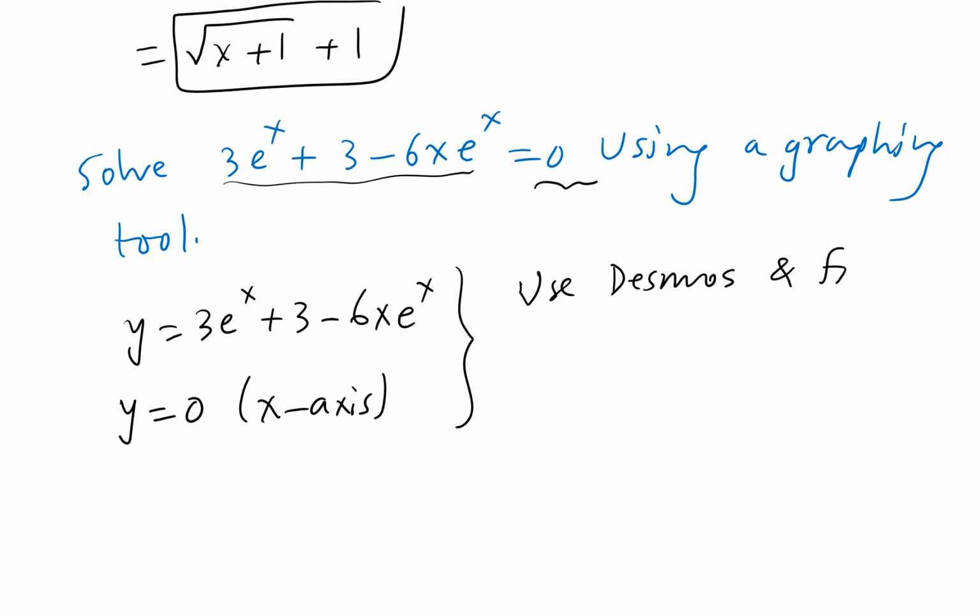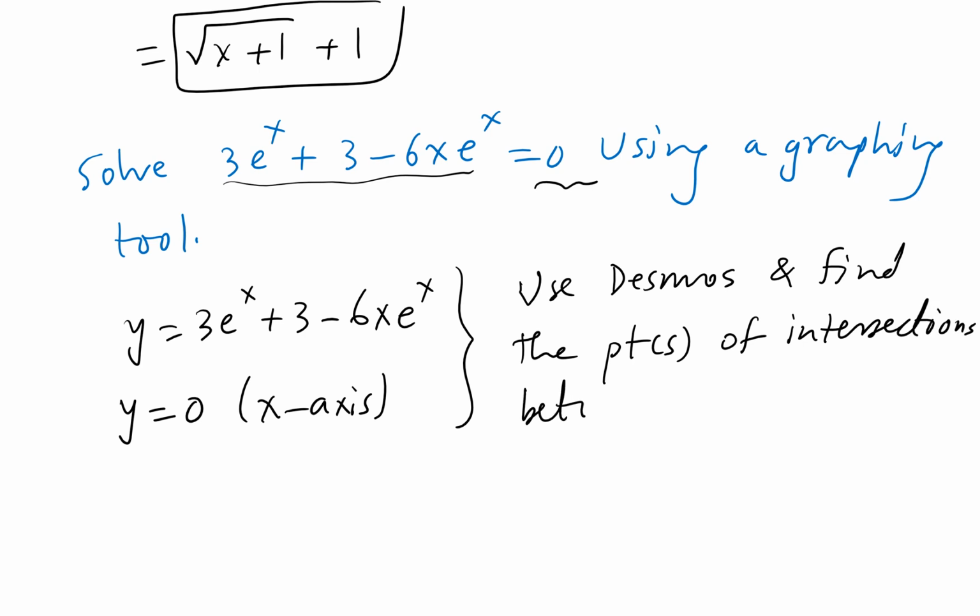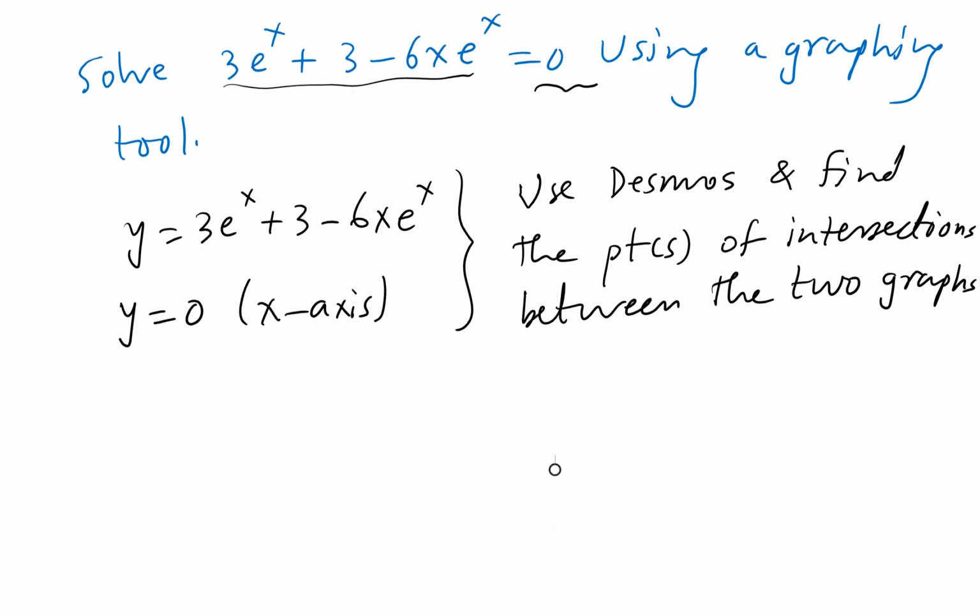And find the point or points of intersection between the two graphs. The two graphs means the graph of this first function, y equals 3e to the x plus 3 minus 6x e to the x, and the x-axis.